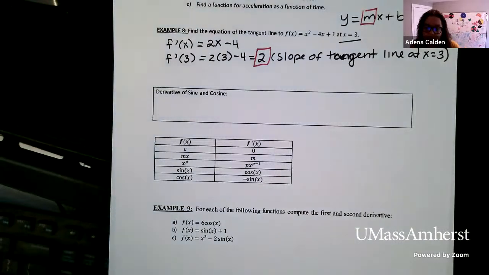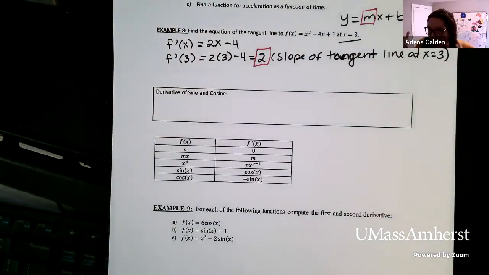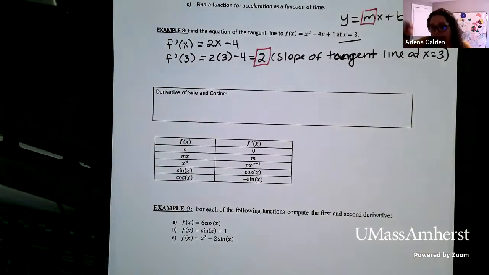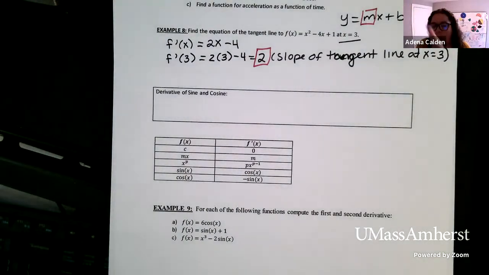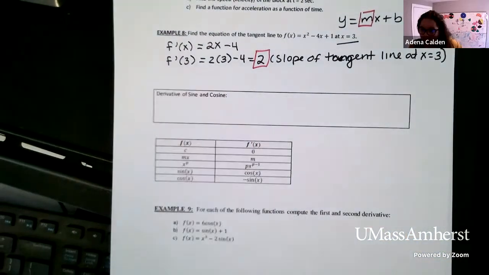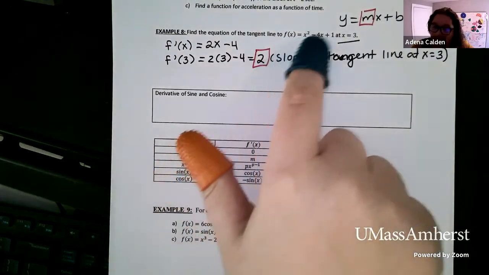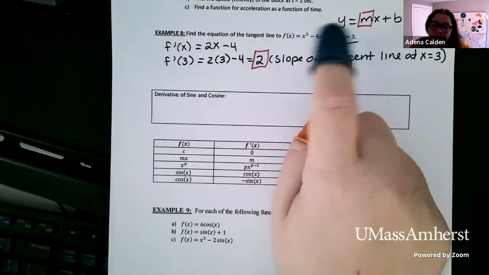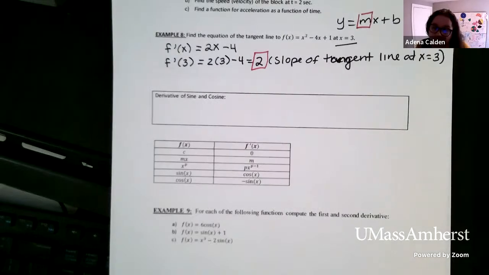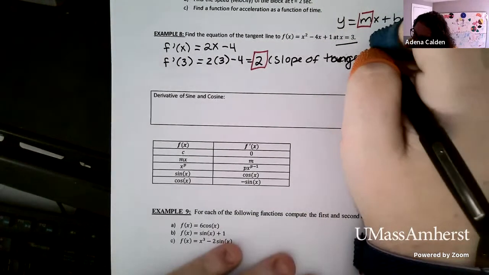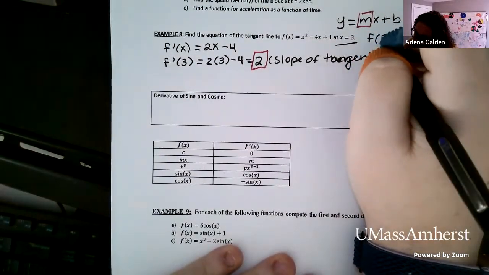So how do we figure out a point on the line? What I want you to remember is that when we were doing derivatives, we talked about the tangent line touching the function we were interested in at 1 point. So we had some function and the tangent line touched at 1 point. We can find that 1 point shared between the function and the tangent line by taking the value of 3 and plugging it into the original function, because that gives us the corresponding y value, and it also tells us where the tangent line touches.